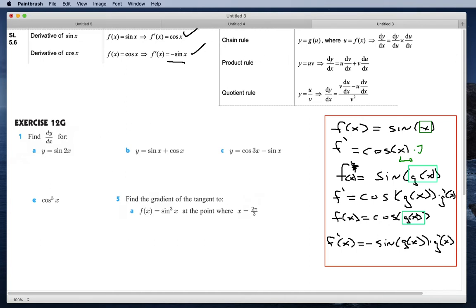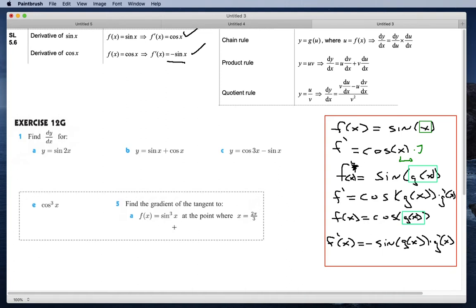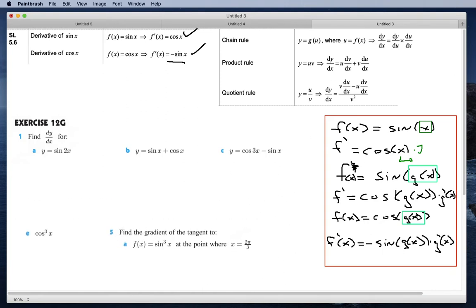So let's put this in action. Take a few examples. I'll move this down here. So I'll highlight our blocks in this case. So here's my block. Blocks here, these are simple because there's nothing except for the x. Here's a block and here's a block. So let's take a look. So if I want to derive sine 2x, I get cosine 2x.